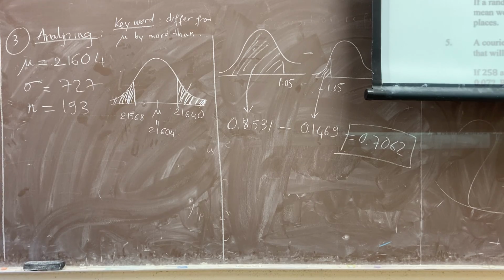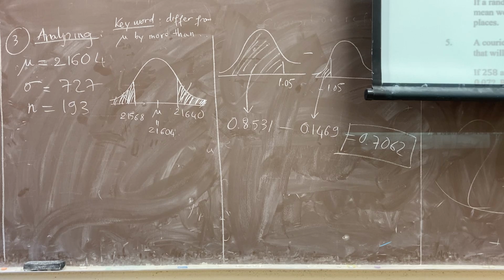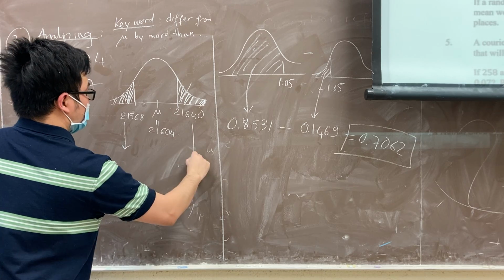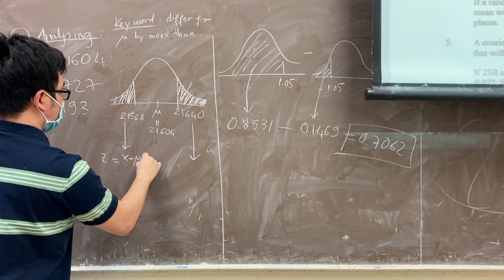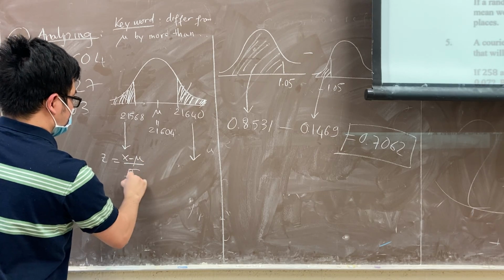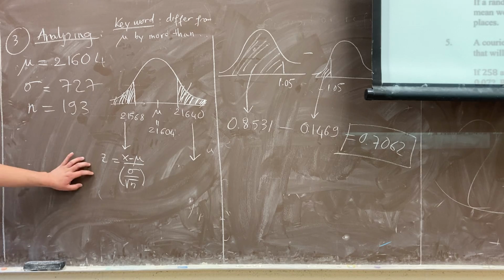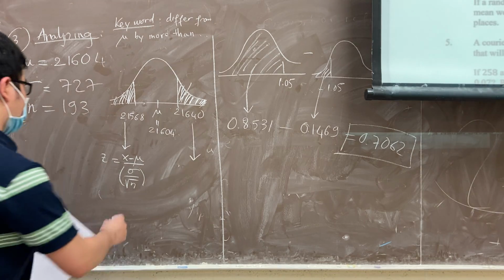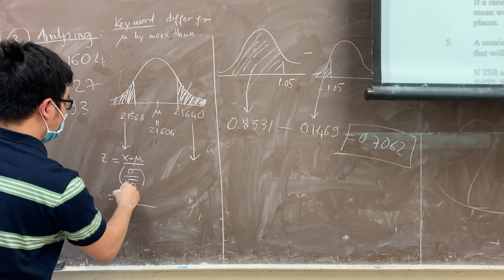And to find the area of this region, we need to change the x value to z value. So z here equals x minus mu over sigma over square root of n. We use this formula because the question gives you the mean. And now we relate all the values here.